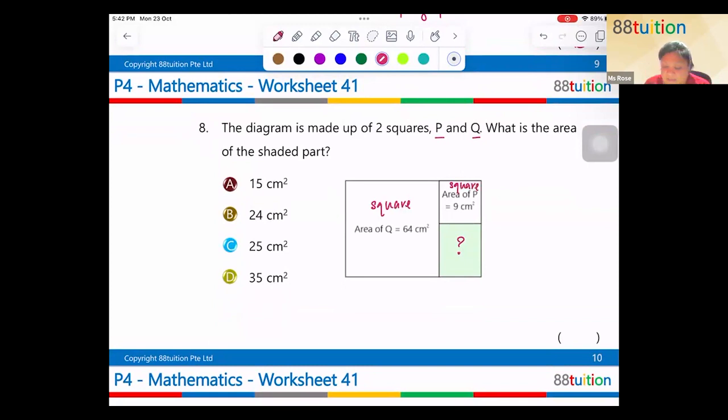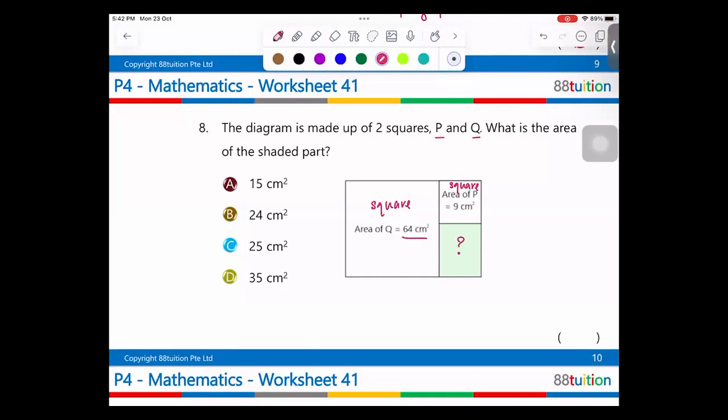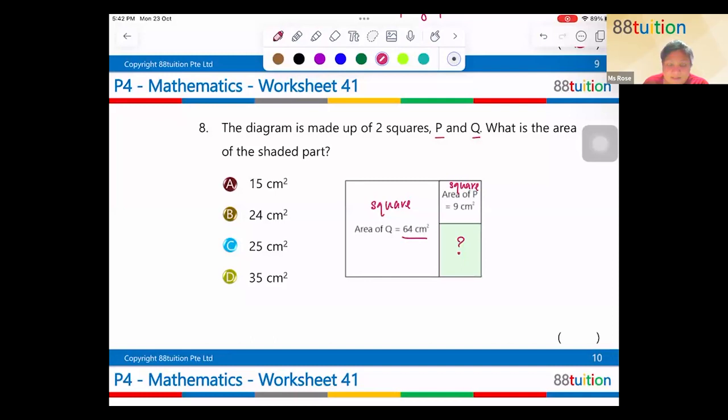If Q is a square and the area is 64, can I find one side of square Q? 8 cm. So that's the square root of 64 to give me 8. That means this is your 8 cm.